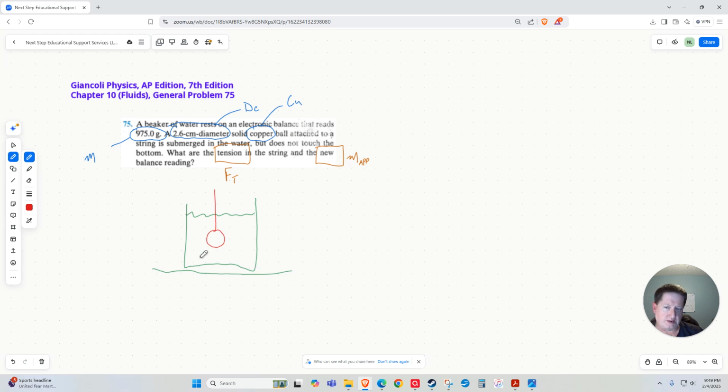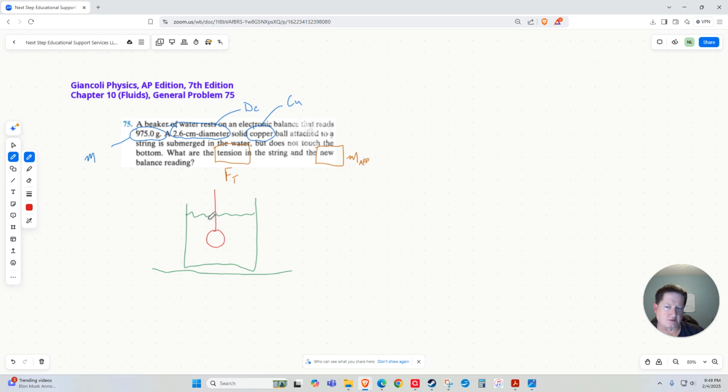But to look at the beaker, the concept is if the water is pushing on the sphere to decrease its apparent mass, then the sphere, by Newton's third law, is pushing back on the water that's in the beaker that's pushing on the beaker. So whatever mass reduction we have on the sphere is going to be the same as an apparent mass increase on the beaker.